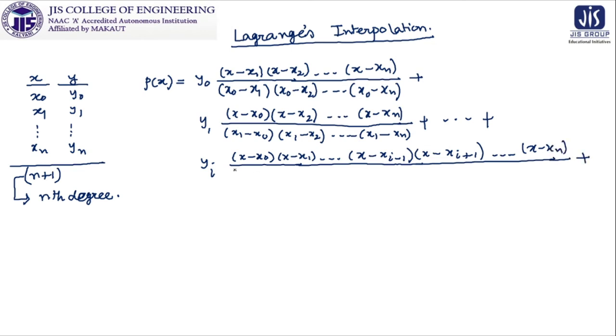Then in the denominator it will be xi minus x0, xi minus x1. Just the numerator will be written, only x will be substituted by xi.